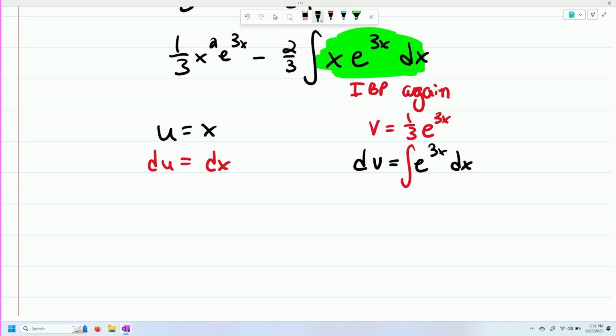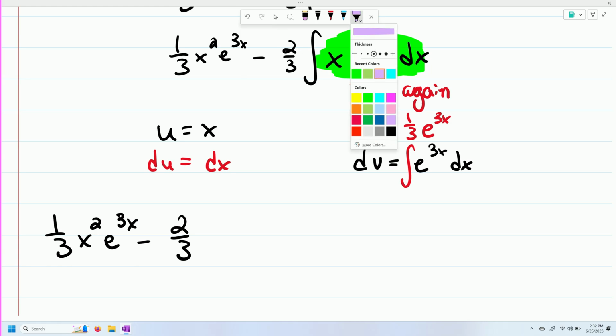The only tough part here is to remember where things go and what you have before. So we have 1/3 x squared e to the 3x minus 2/3. Let me color code this for us. Let me get a nice color here.